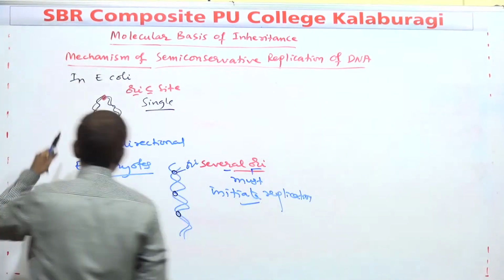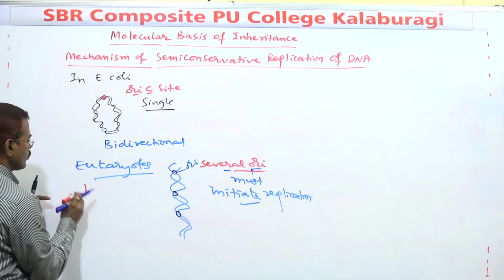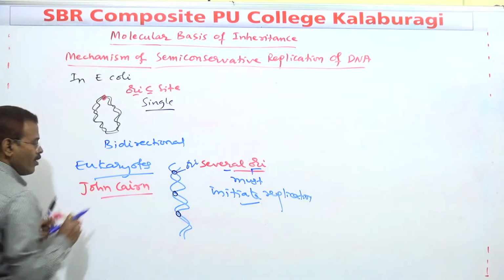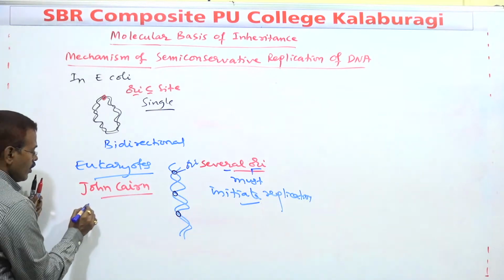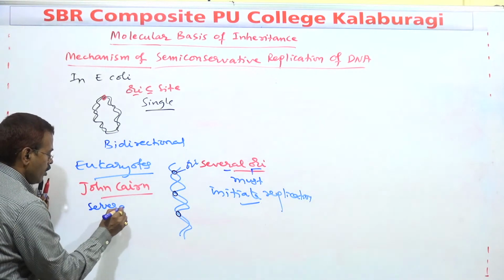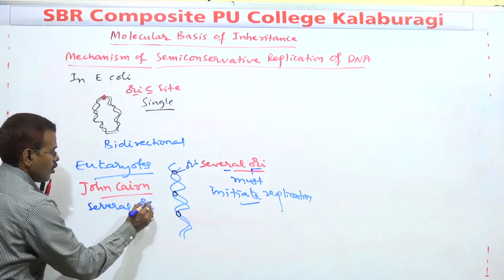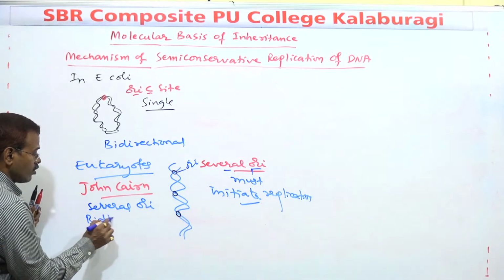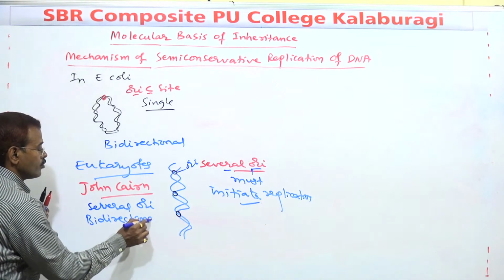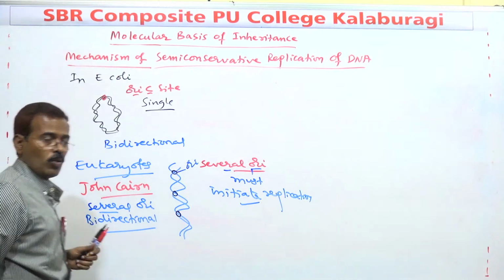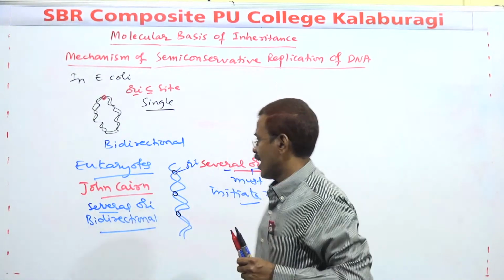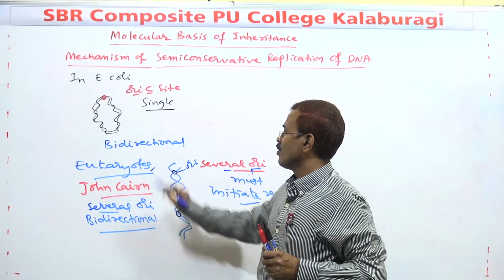So in eukaryotes, John Kerr showed that there are several ori, and replication is bidirectional.